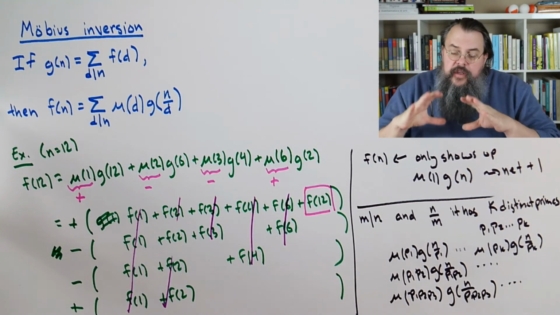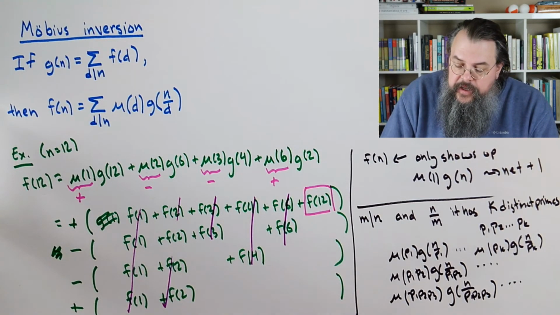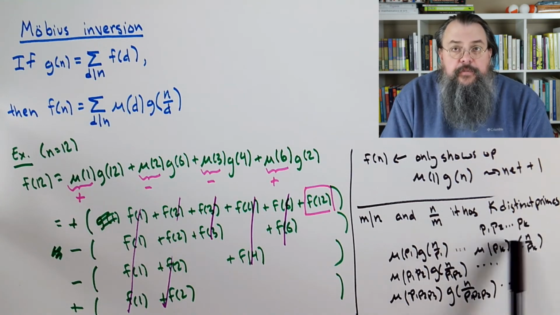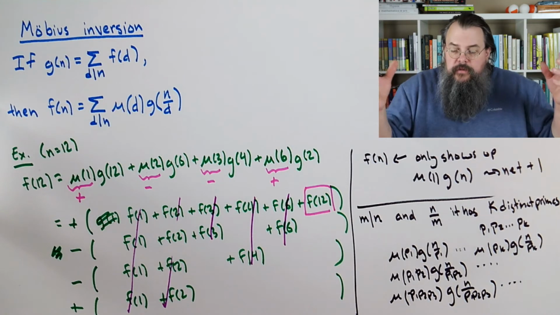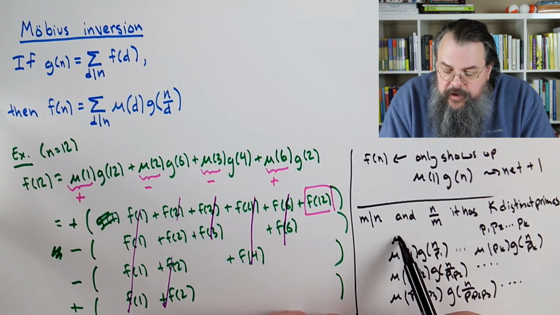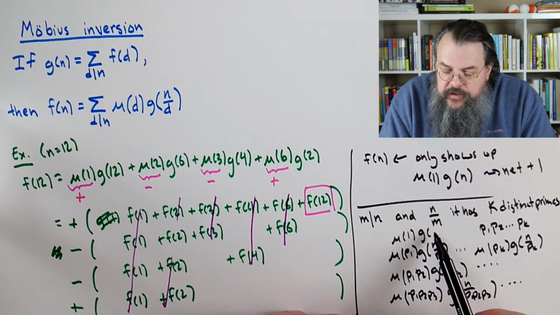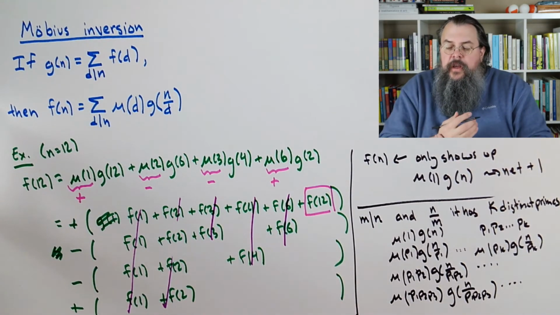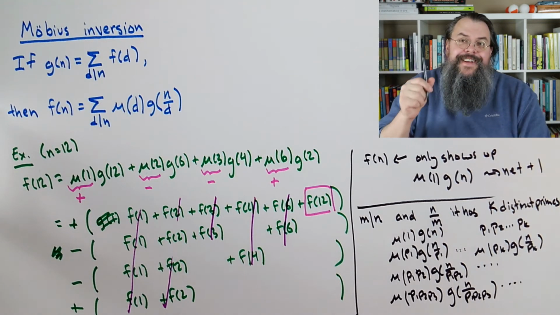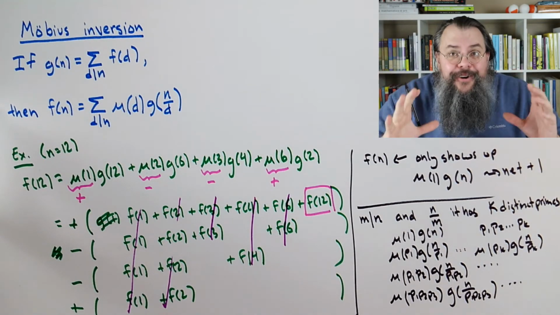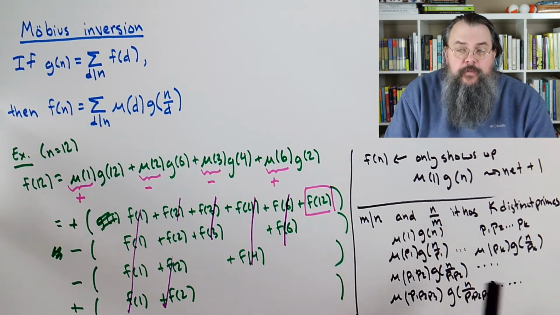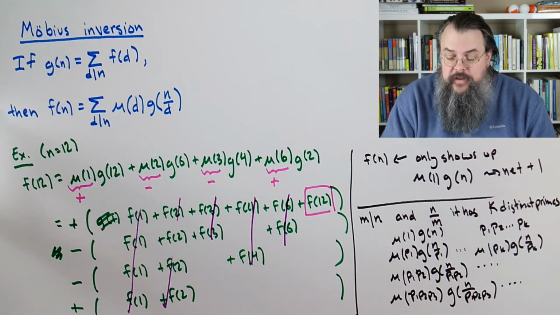The key is whenever I look at g of n over a product of some collection of these primes, it could be 1, 2, all of them, or none of them. Of course it could be none of them: mu of 1, g of just n. These are the only places where m is showing up. In other words, the f of m gets counted.